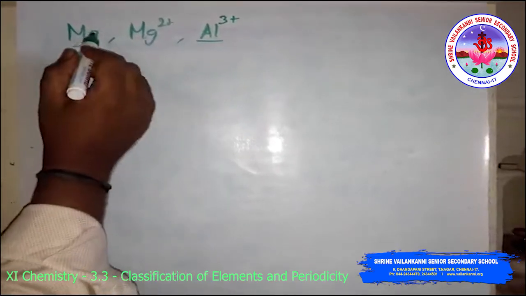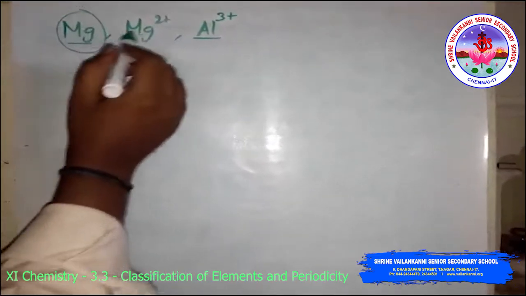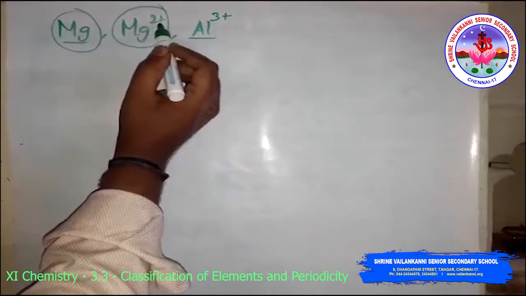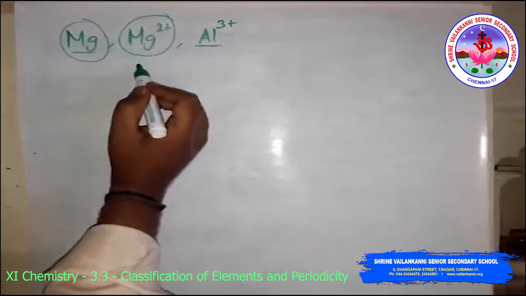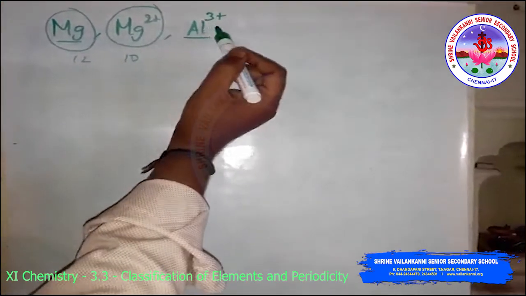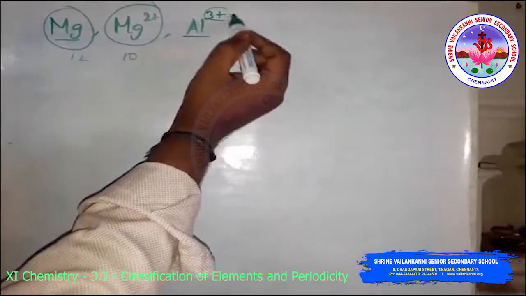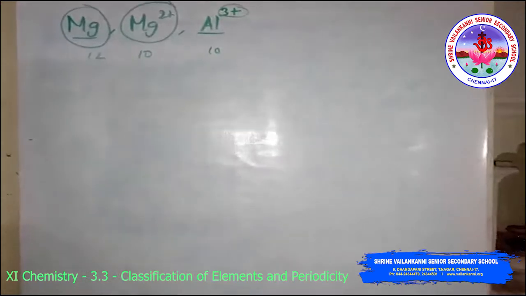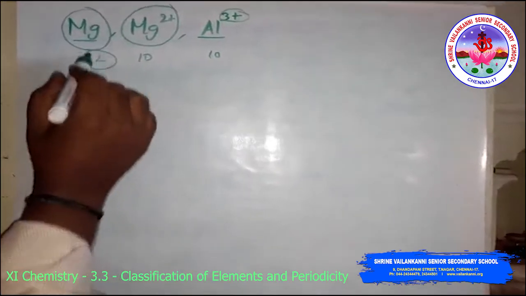But magnesium is not in a free state; it is in combined form, so it has a +2 oxidation state. That means removal of 2 electrons, so it becomes 10. Aluminum has atomic number 13, and removal of 3 electrons gives 10.